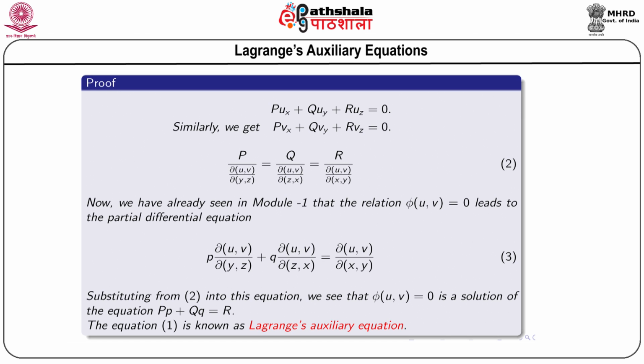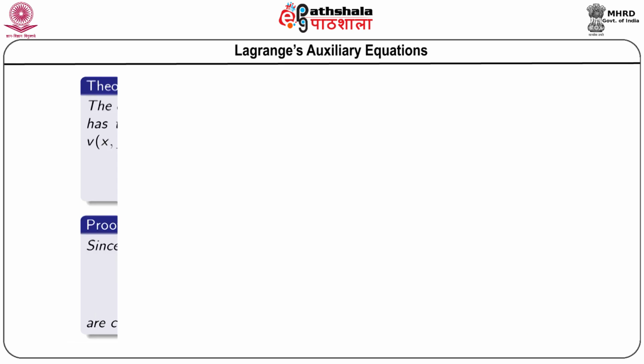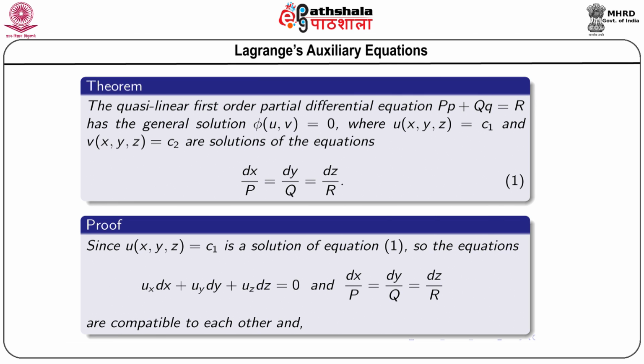Now, we have already seen in module 1 of this chapter that the relation phi(u, v) equals 0 leads to the partial differential equation p del(u,v) del(y,z) plus q del(u,v) del(z,x) equals del(u,v) del(x,y). Now, substituting the values of the Jacobians from relation 2, we will get that phi(u, v) equals 0 is a solution of the equation Pp plus Qq equals R, and the equation 1 is known as Lagrange auxiliary equation.